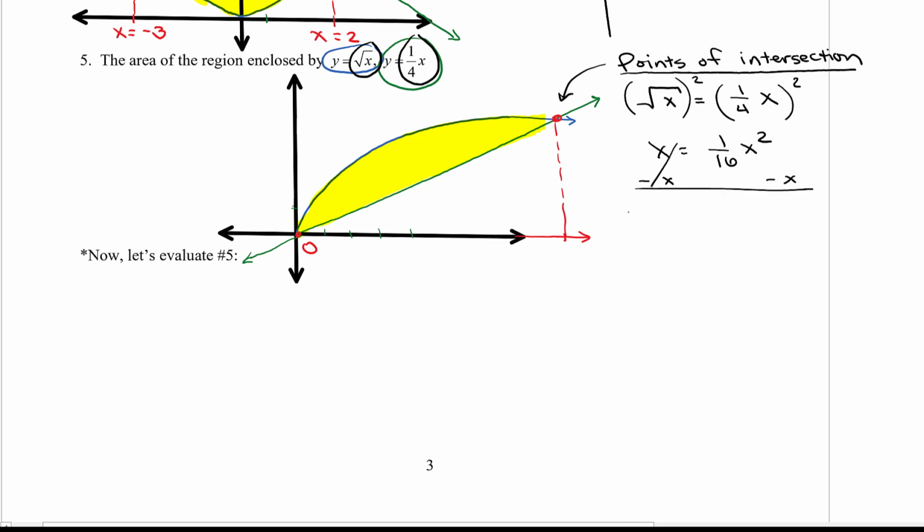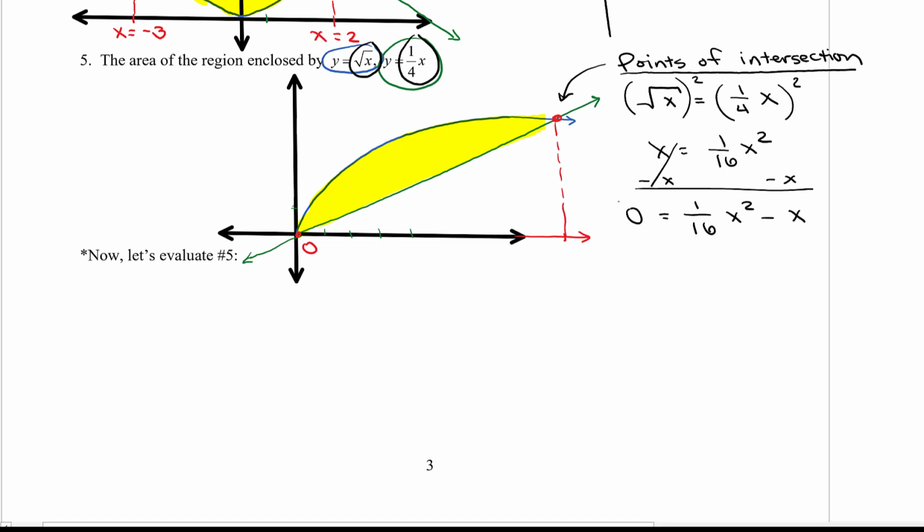I'm going to subtract x from both sides, and I'm going to get 0 equals 1/16 x squared minus x. Here we have a quadratic equation that's set equal to 0, so I can go ahead and solve this by factoring. Before I start factoring, why don't we go ahead and multiply through this equation, both the left-hand side and the right-hand side, by 16 in order to get rid of the fraction in front of the x squared.